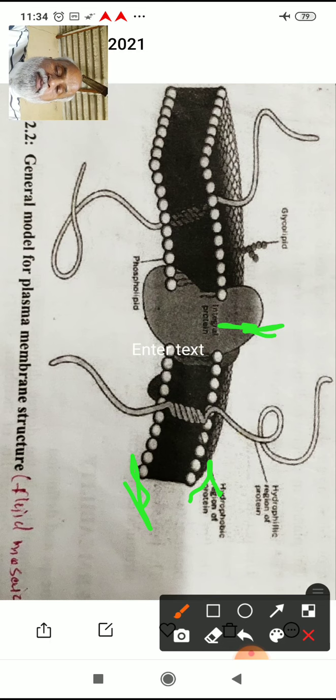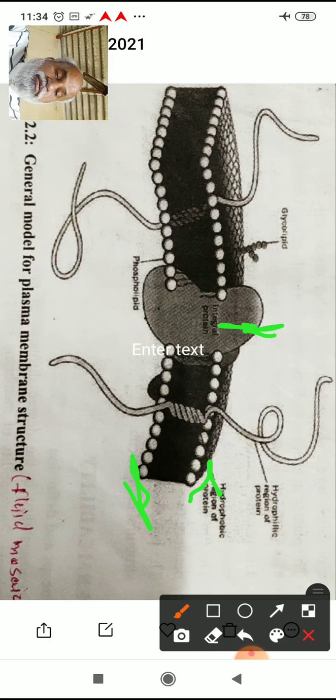It is a bilayer of phospholipids. Plasma membrane is amphipathic, means it contains both hydrophobic and hydrophilic regions. Here there is a hydrophilic head and a hydrophobic tail.